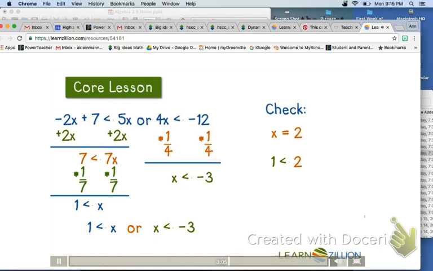It satisfies the left-hand side one because 1 is less than 2. Now we check to see if it satisfies the original inequality: negative 2 times 2 plus 7 is less than 5 times 2. That is a true statement, so we know that our solution here is correct.